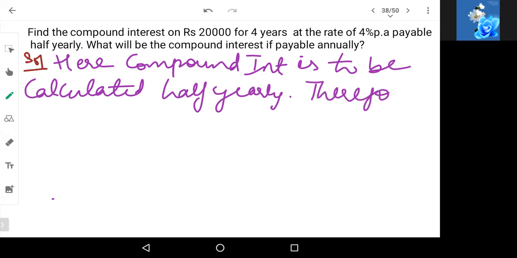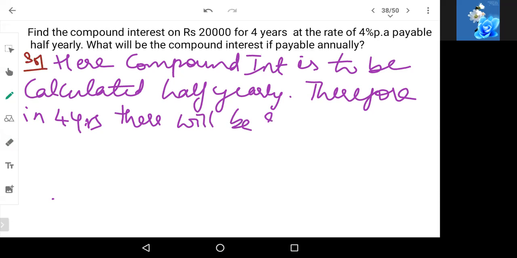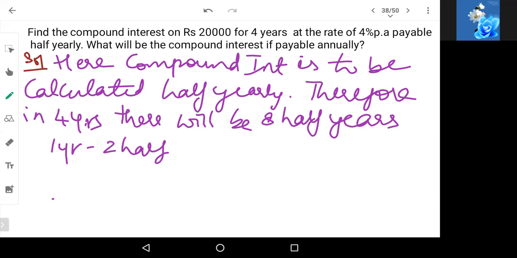Therefore, in 4 years, there will be 8 half years. Correct? If 1 year has 2 half years, 4 years will have 8 half years.